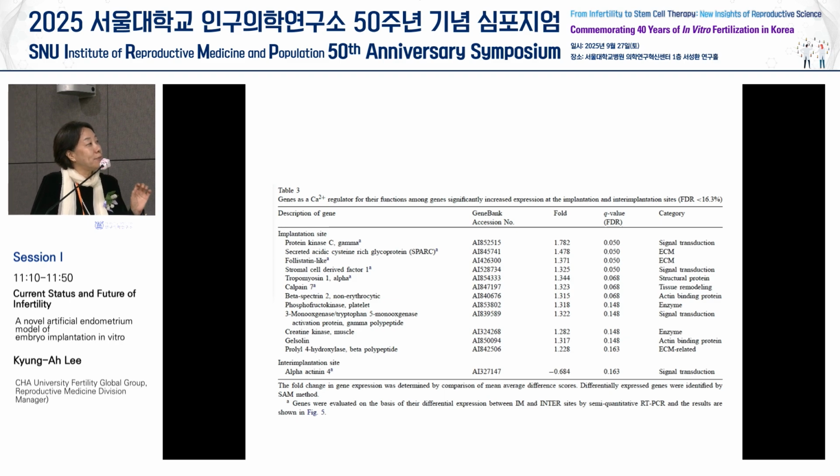So at the time, by having the software, we found that these genes are important in implantation, as well as calcium. But as I said, I didn't have any tool to study gene function related to implantation at the time. So I said, Dr. Jung, IMBU has that kind of technique.